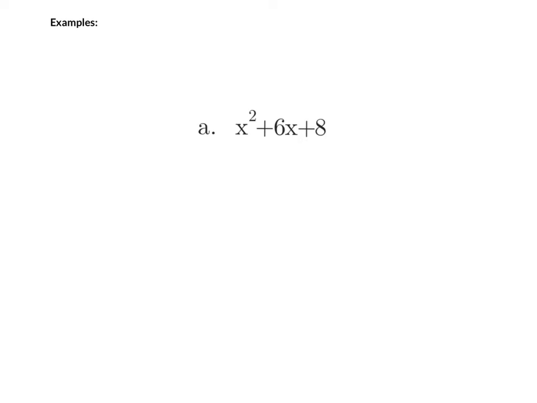All right, so let's start with a very basic example. We have x squared plus 6x plus 8. So a couple things to remember. We are multiplying to a positive 8. In order to multiply to a positive 8, we have same signs.